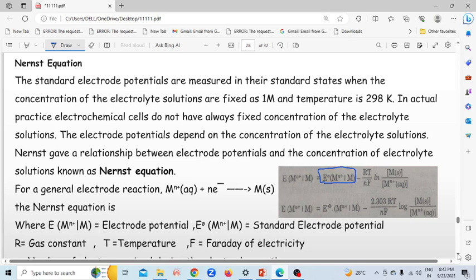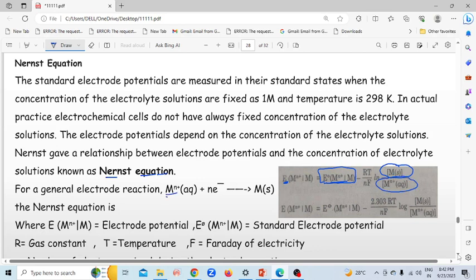To find the electrode potential you need to use the Nernst equation. It is the standard electrode potential minus RT upon nF times the log of the concentration of product over the concentration of reactant of your half cell.